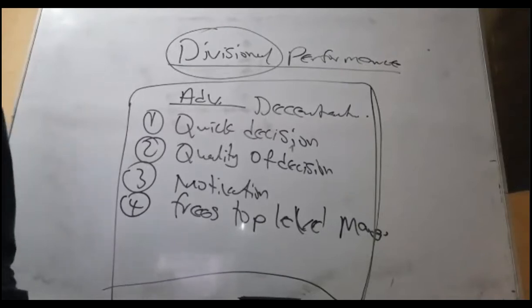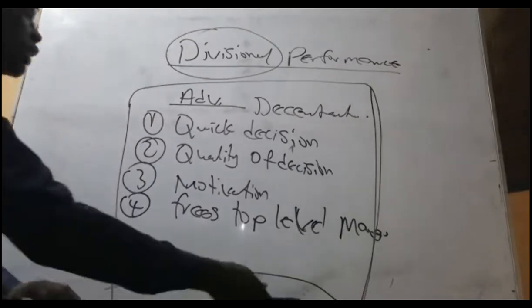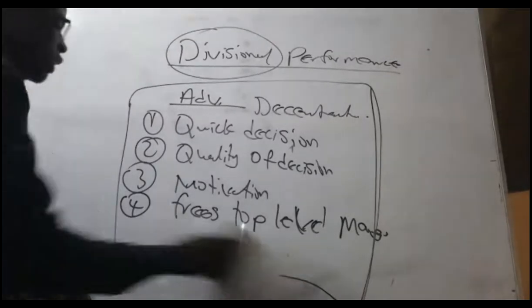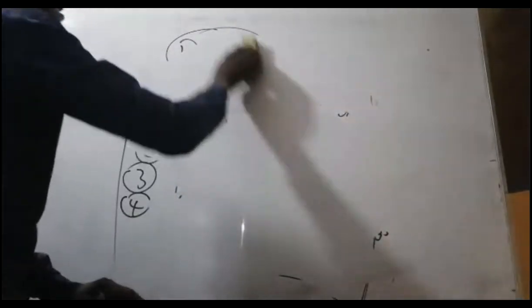Okay, now let's look at this and then we are done with that of the performance management. These responsibility centers, I'll list them here. Then you have to talk about them for me. Responsibility centers. What are they?